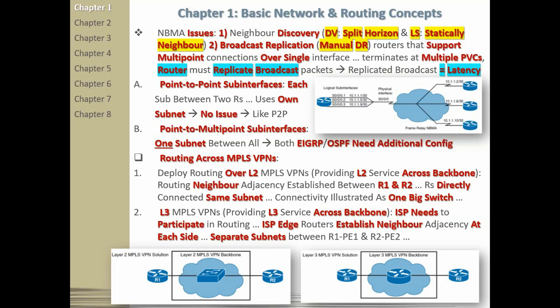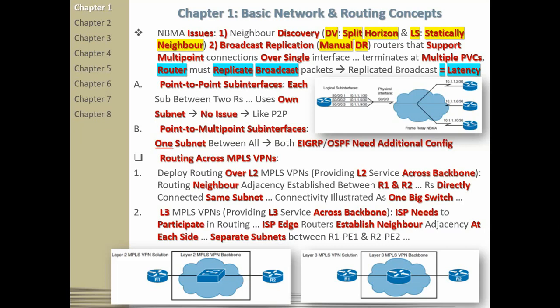Two scenarios: we already saw point-to-point sub-interfaces with frame relay NBMA topology, and also point-to-multi-point sub-interfaces with frame relay topology. With point-to-point, each subnet between two routers uses its own subnet mask or network address.